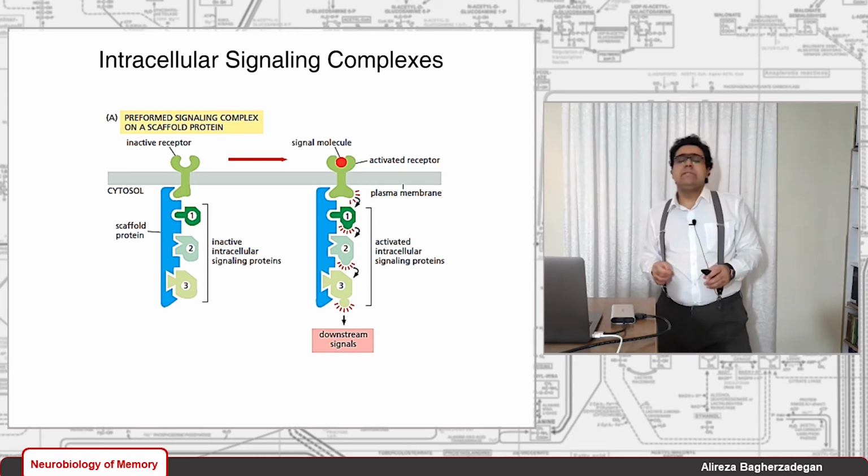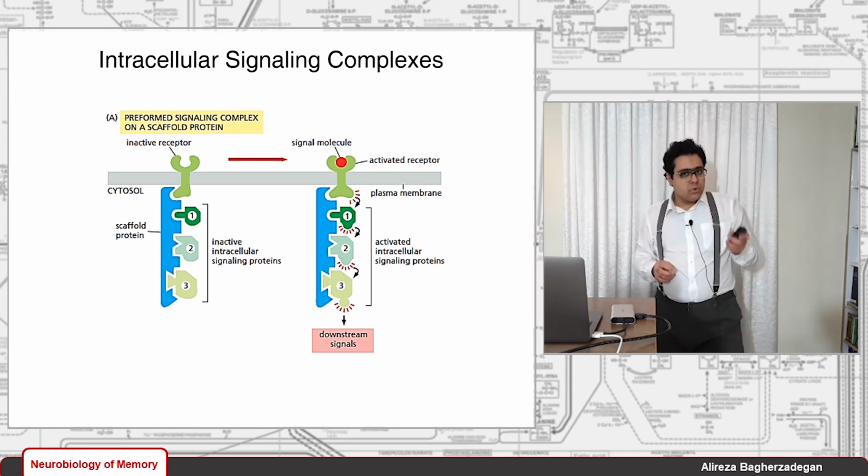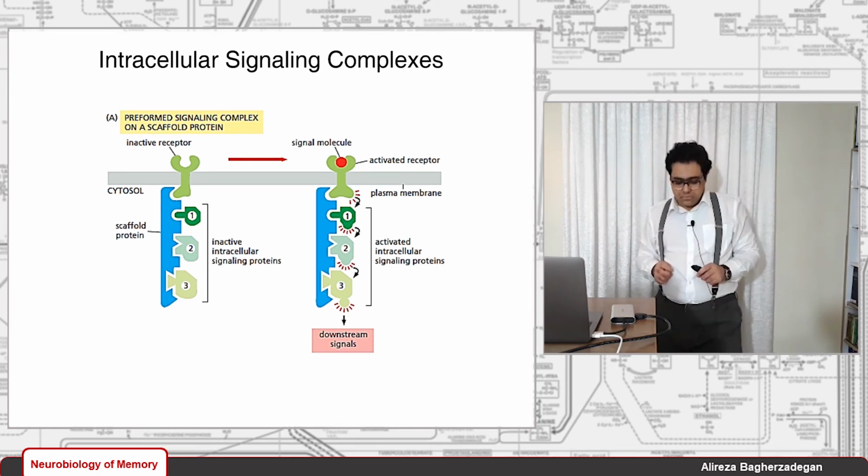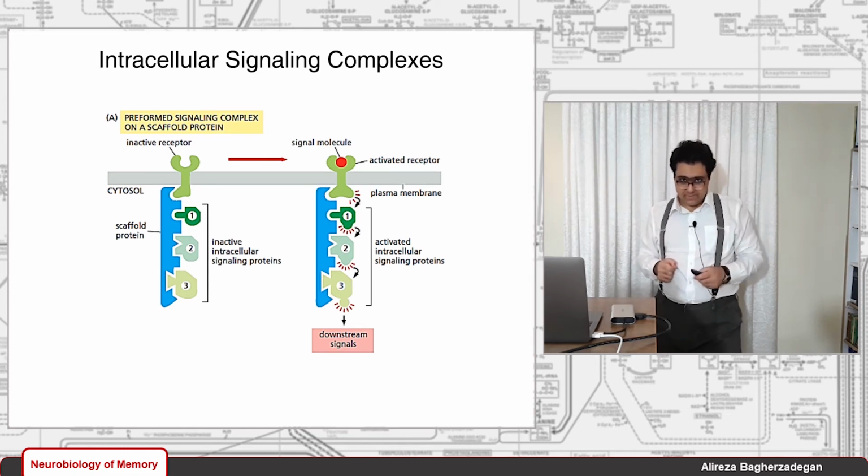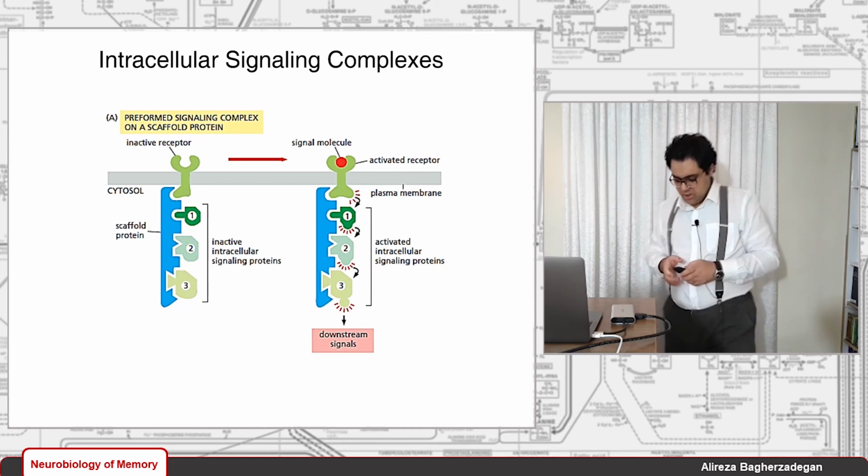Signaling complexes actually are one of those mechanisms that cells have come up with to prevent crosstalk between different signaling pathways.